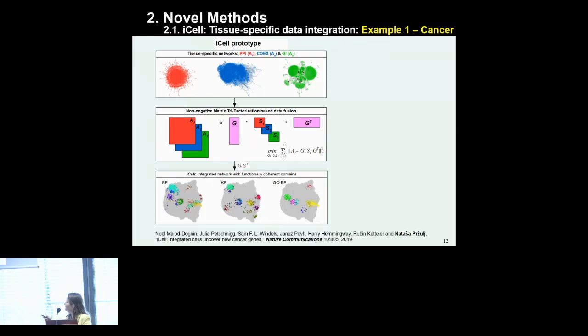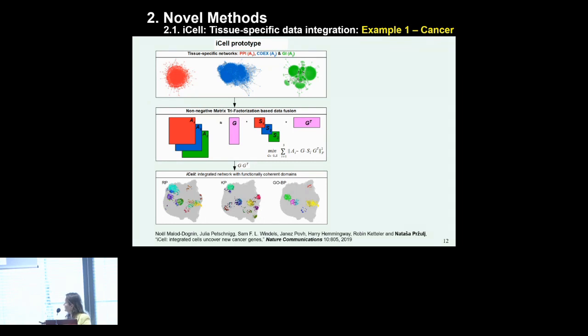We do that by minimizing this objective function, in a standard way. Once we get this G matrix factor, we multiply it by G transpose, and this is our I cell. This is the new network.